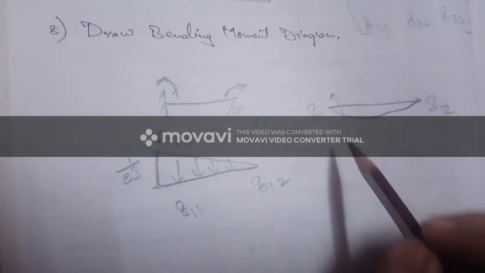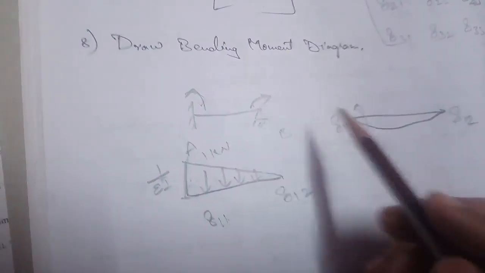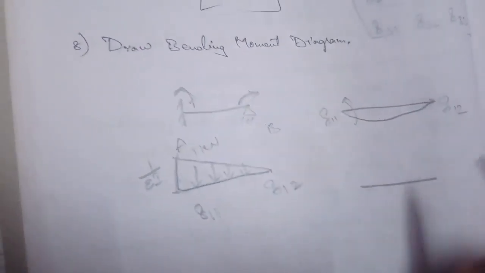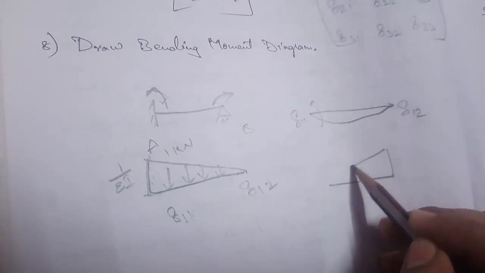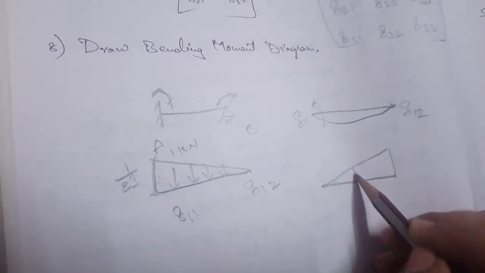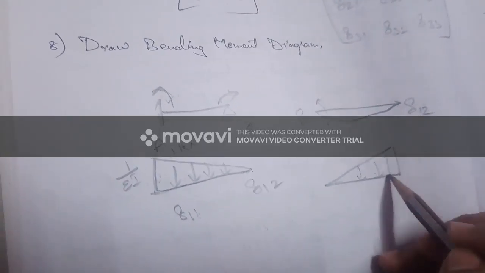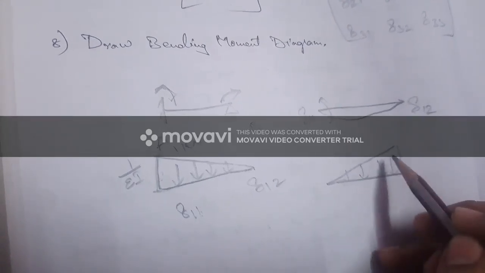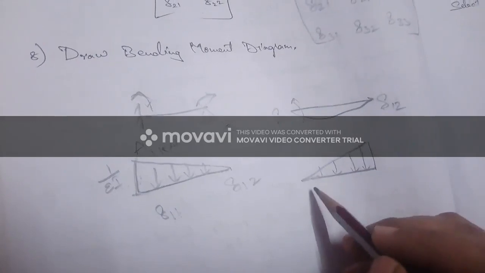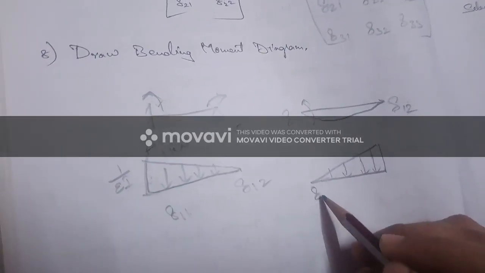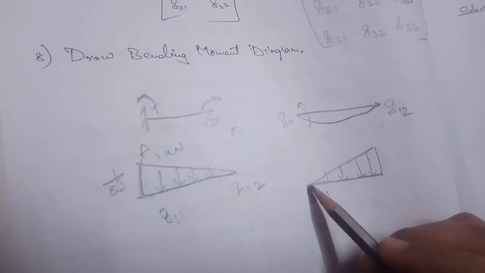In the second condition, due to the load application at B, the diagram is formed in this way. Okay, so here delta 21 comes over here.